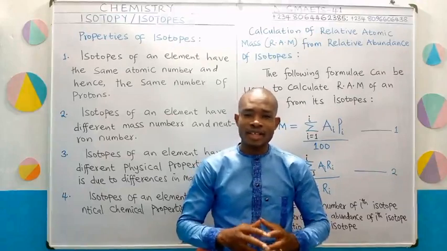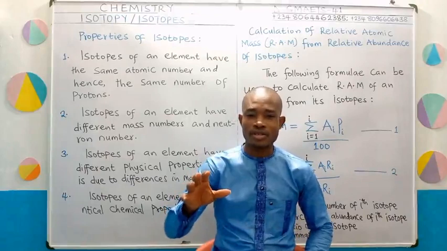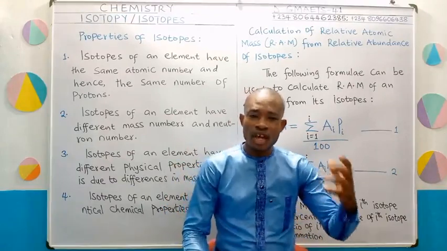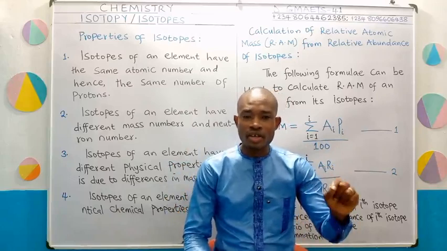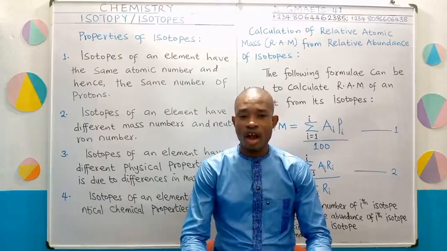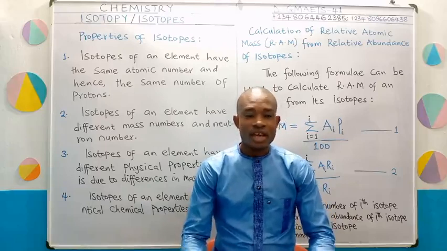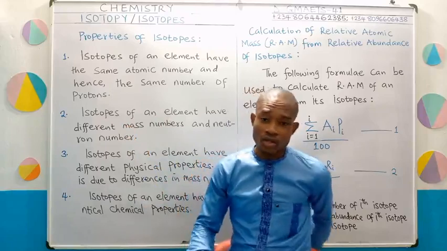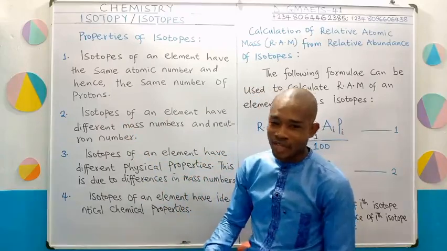Now, I would like us to look at the properties of isotopes, and then how we can use the knowledge of isotopes to calculate the relative atomic mass, R.A.M, of an element. Here on the board, we have the properties of isotopes. I've written out some of them, and I would like us to look at these properties.